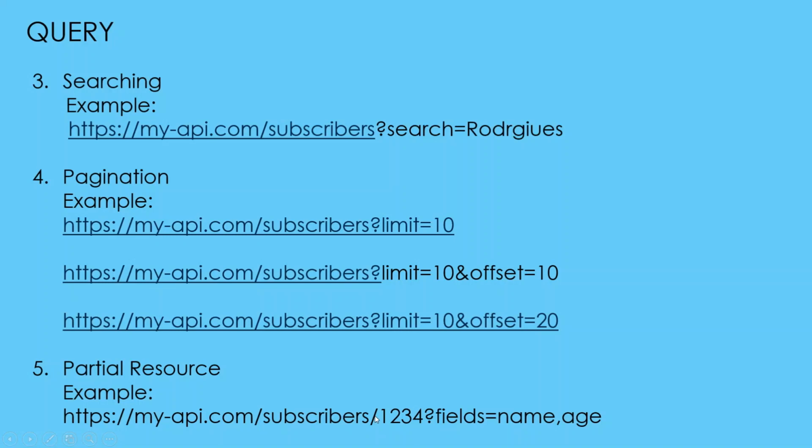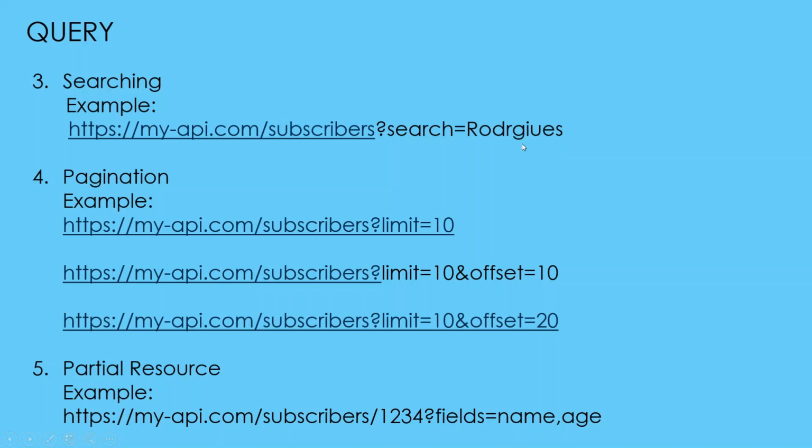Next is searching. Everyone wants to search, so you can use a search query parameter, and in this case, I have given Rodriguez, so it will search for all the subscribers who have Rodriguez in their name.